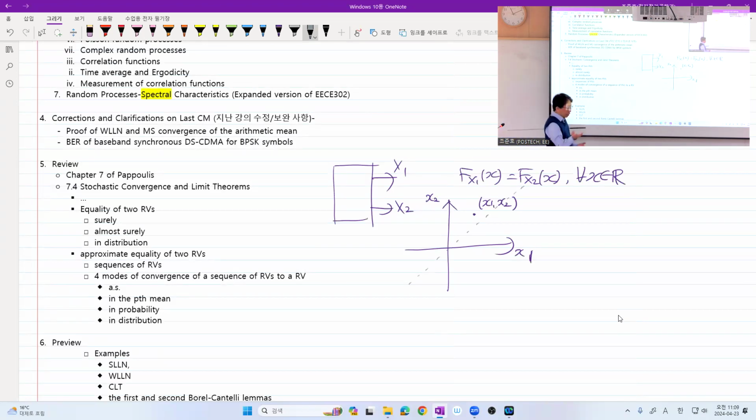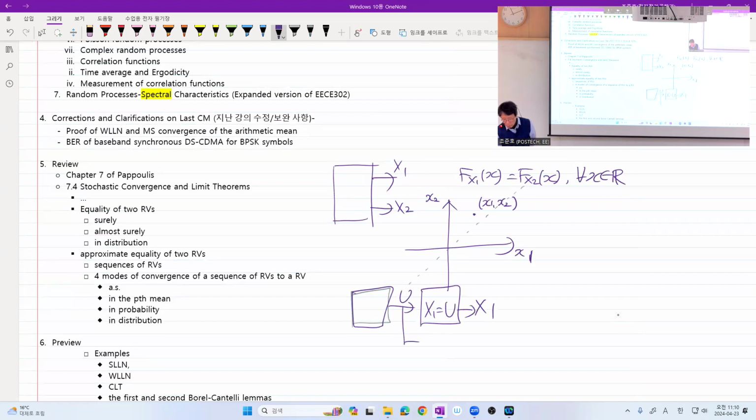So as you've seen in one of the examples, the simplest one is just to generate the uniform random variable u, and you have two branches. x1 equals u, x2 equals 1 minus u. In that case, what happens? Then your two-dimensional scatter plot will exactly look like this.